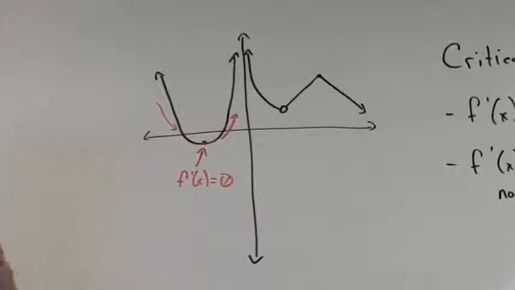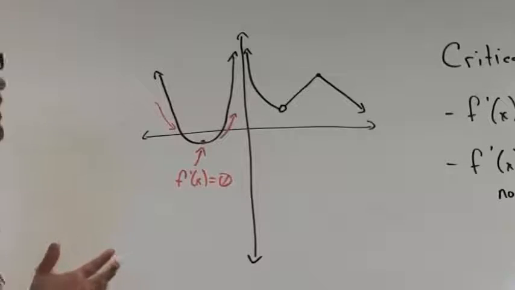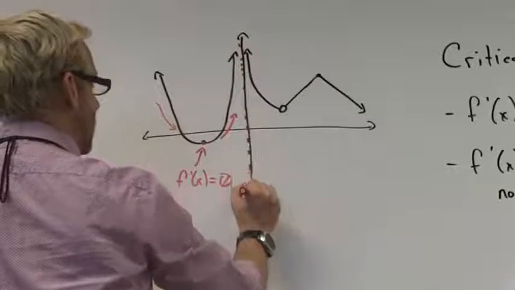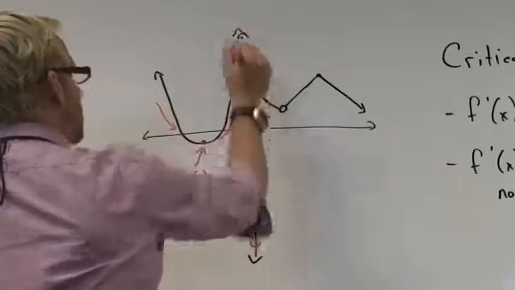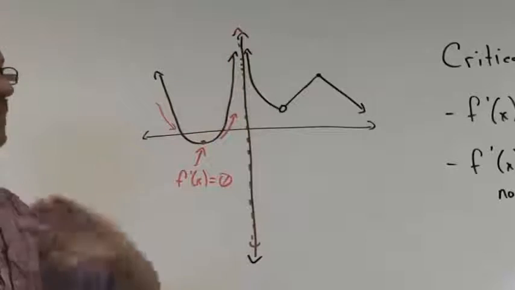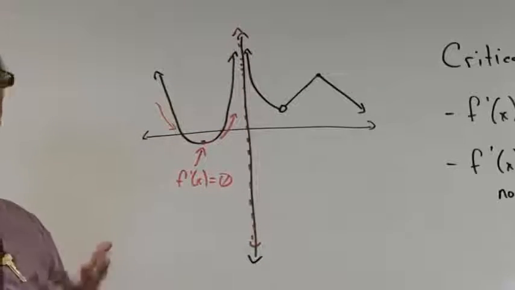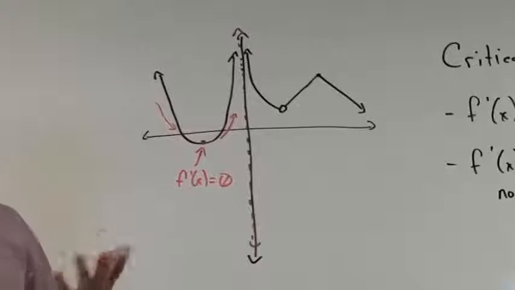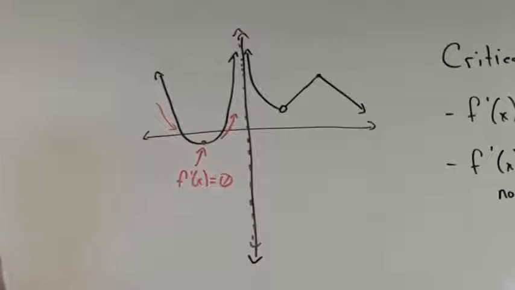Now another place where I have a critical value is right here, where I've got a vertical asymptote. Now here, first of all, x is not going to be in our domain for this particular x. Let's say that's at x equals 0. But we also wouldn't have a derivative because we don't have a point to have a slope at, an instantaneous rate of change.